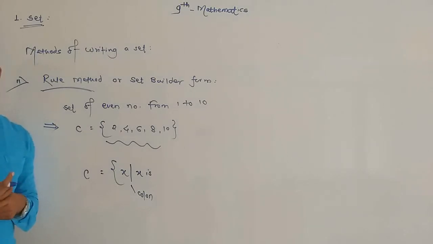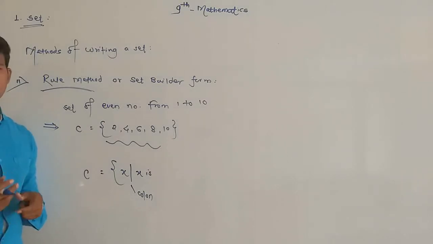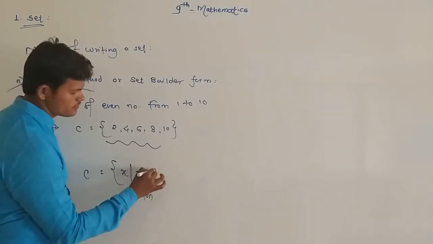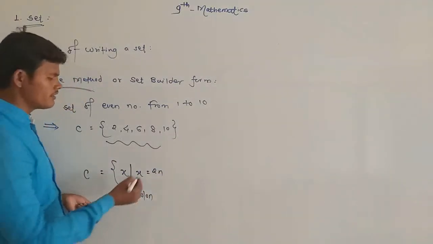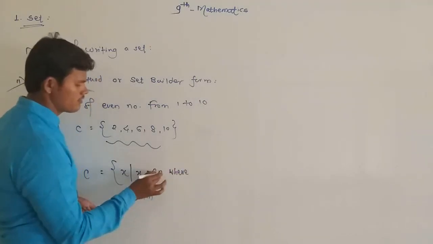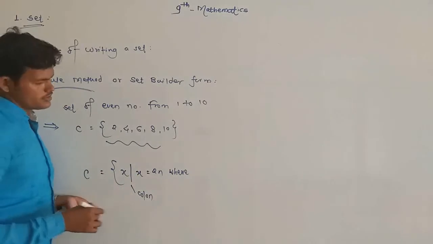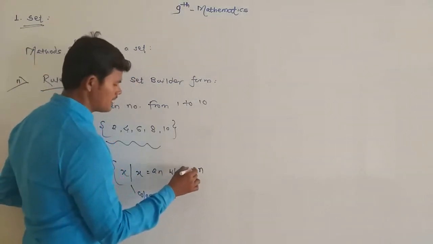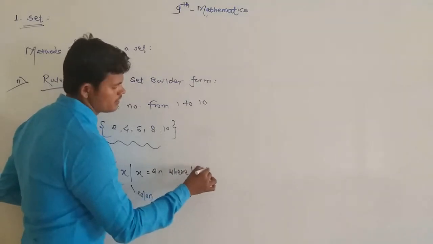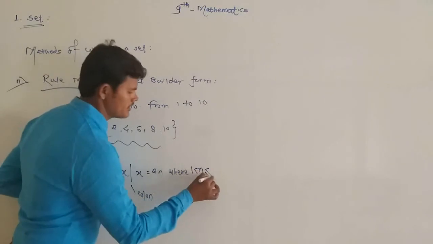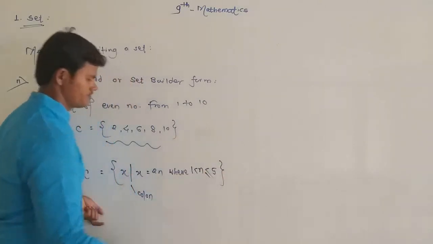Even number means a multiple of 2. So X equals n, where n is greater than 1 but less than or equal to 5.